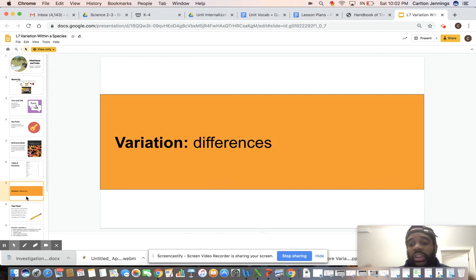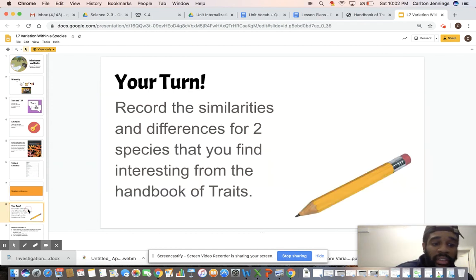So variations are differences. So this will also be in your exit ticket. Variations are differences. So you can also record 2 similarities of species that you find interesting from the book. Now I know you guys don't have the book here, so you can use 2 dogs. You can go on Google and type in 2 different types of dogs, like a poodle and a Rottweiler, and see the differences that you can see of the 2 dogs.